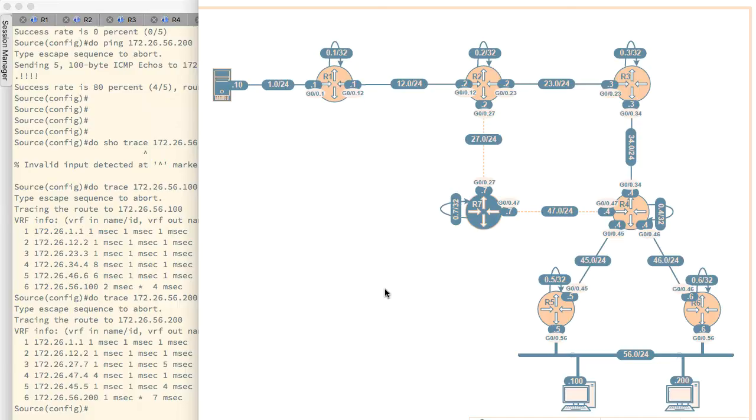Also, every single one of these interfaces, including the interfaces that go towards the sources and towards the receivers, they also need to be running PIM, and they should also be running the same mode that is running throughout the topology.